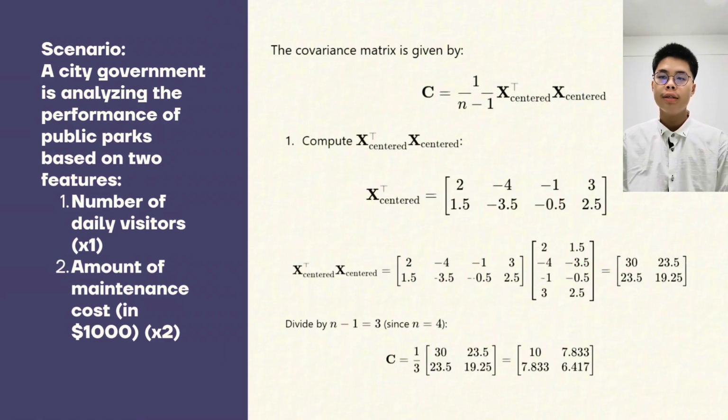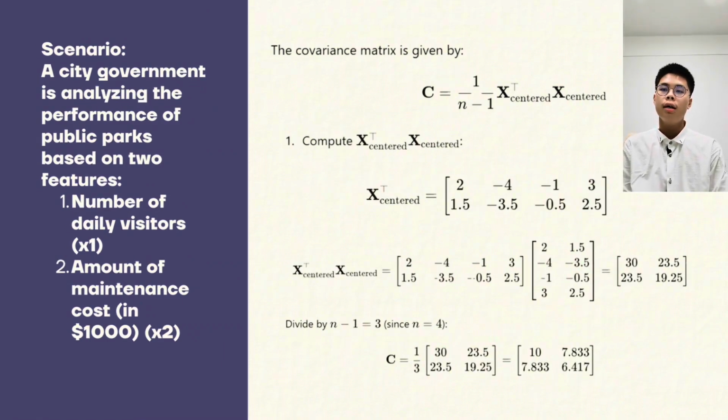The next step is we need to find the covariance matrix. To find the covariance matrix, there's a formula given in the PPT: the covariance is equal to 1 over the amount of data minus 1, times the dot product between x center transpose and x center itself. So first, we do the dot product between the transpose of x center and x center.